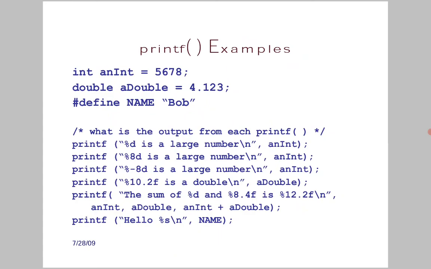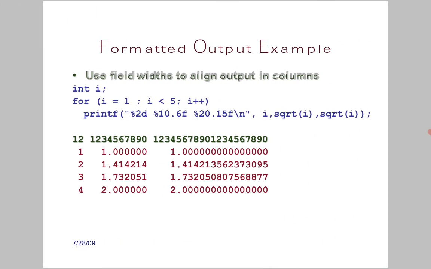So printf with different control string characters. Examples: int some variable equals a value, double some variable equals some value. Here we use different types of variables with different values.